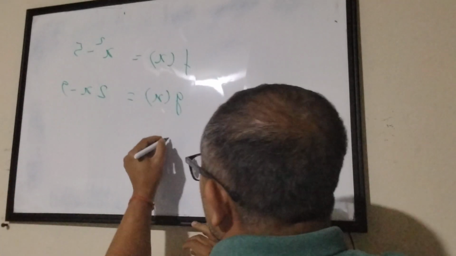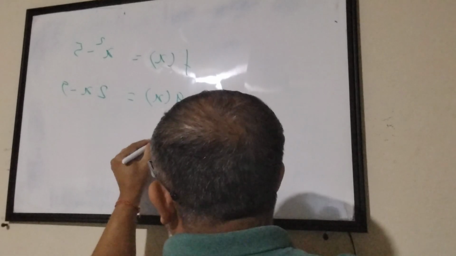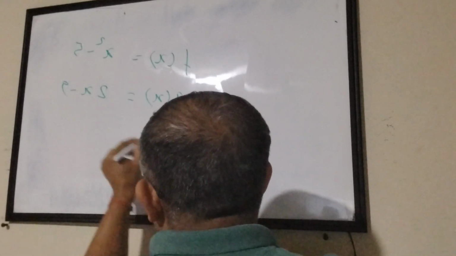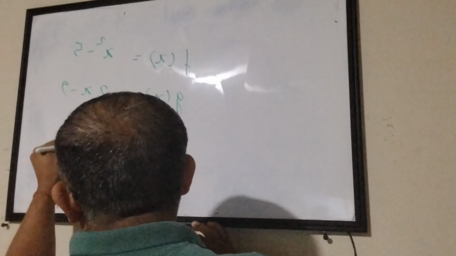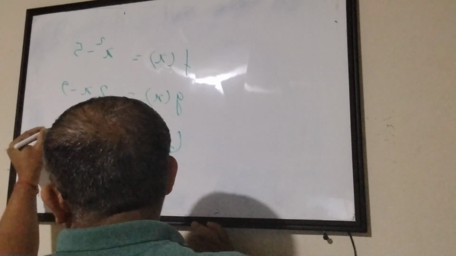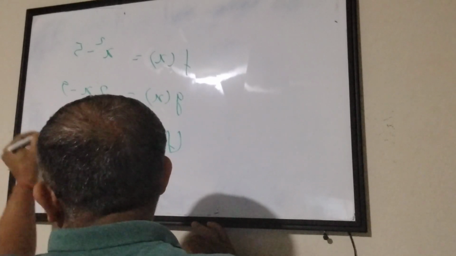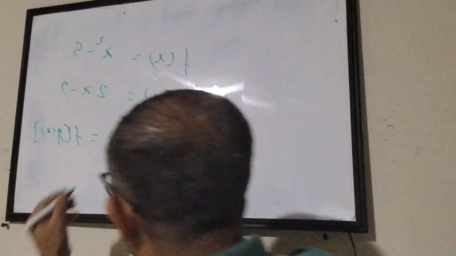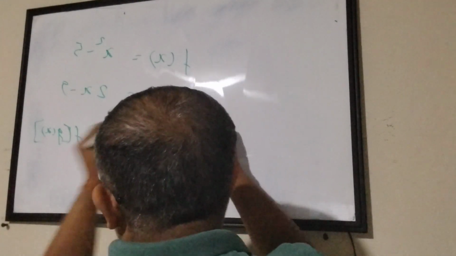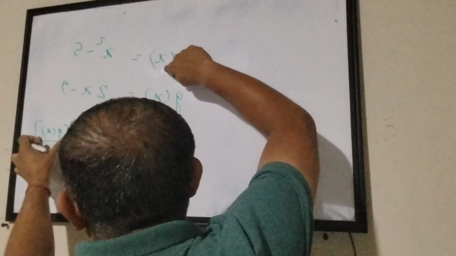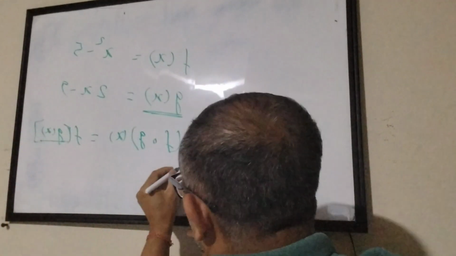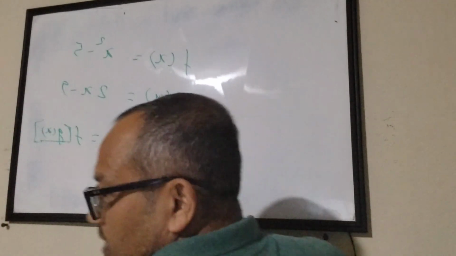If somebody says find f of g of x, we know how to derive it. Basically, find out what g of x is, put it here, and then the whole thing becomes your x. I'll tell you why I'm repeating what I did in the previous class.